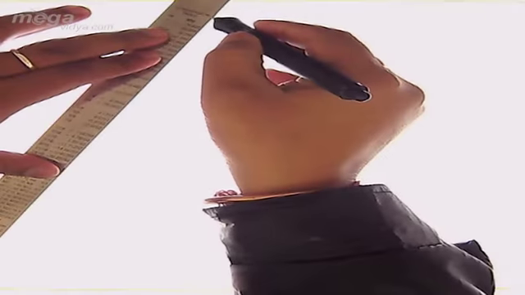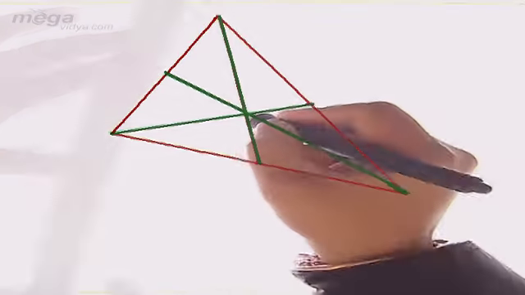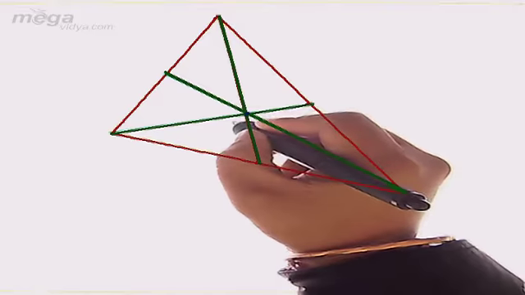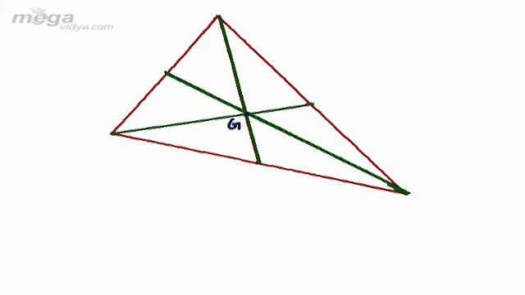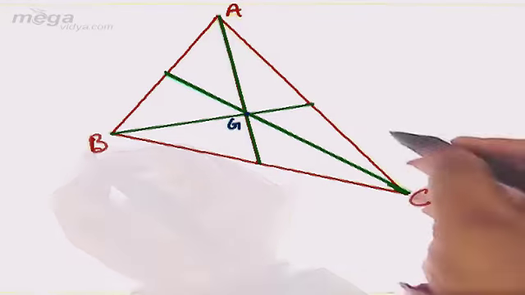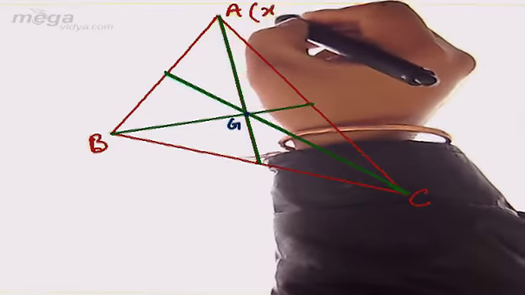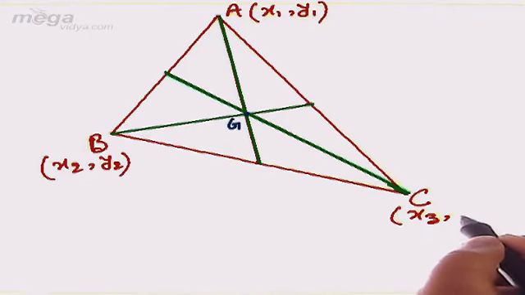Now we will find out the coordinate of that centroid. So student, this point is the centroid. Suppose the name of this centroid is G, and the 3 vertices of the triangle are A, B and C, whose coordinates are (x1, y1), (x2, y2) and (x3, y3).